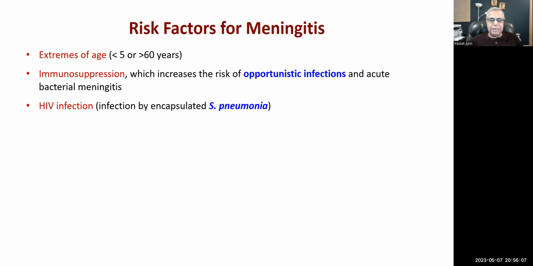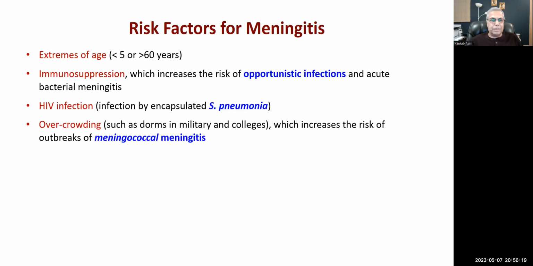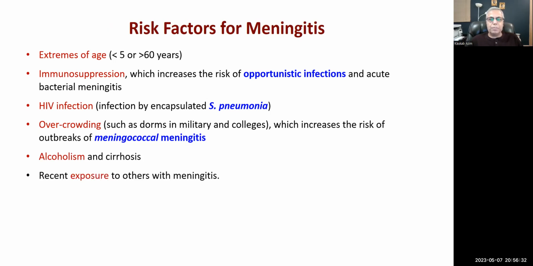Encapsulated S pneumoniae: when S pneumoniae acquires a capsule, it becomes more infective. That is a virulence factor for S pneumoniae. Overcrowding, such as dorms in military or in the colleges, which increases the risk of outbreaks of meningococcal meningitis. Alcoholism and cirrhosis, recent exposure to other people with meningitis, dural defect, like in trauma, or after a surgical brain operation, or it could be congenital as well.